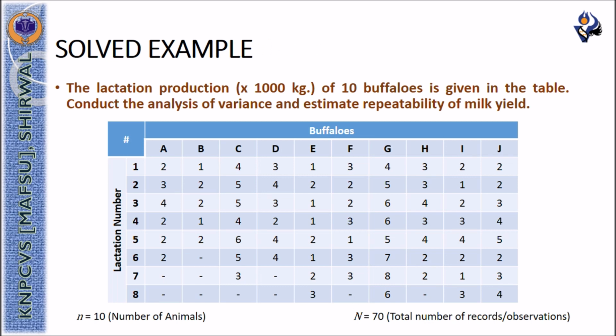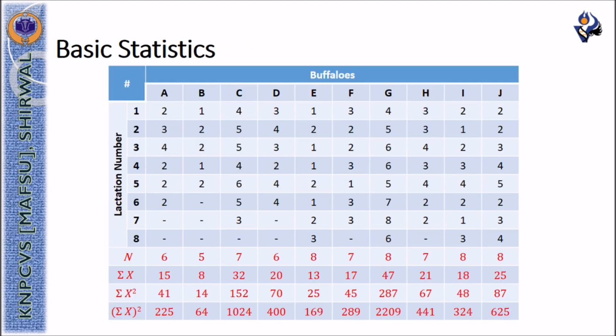With the help of a solved example, we will try to see the estimation of repeatability. Here, in this example, the lactation production of 10 buffaloes is given. We have to conduct the analysis of variance and have to estimate the repeatability of milk yield. Initially, we will have to calculate some basic statistics such as capital N, summation x square and summation x bracket square.